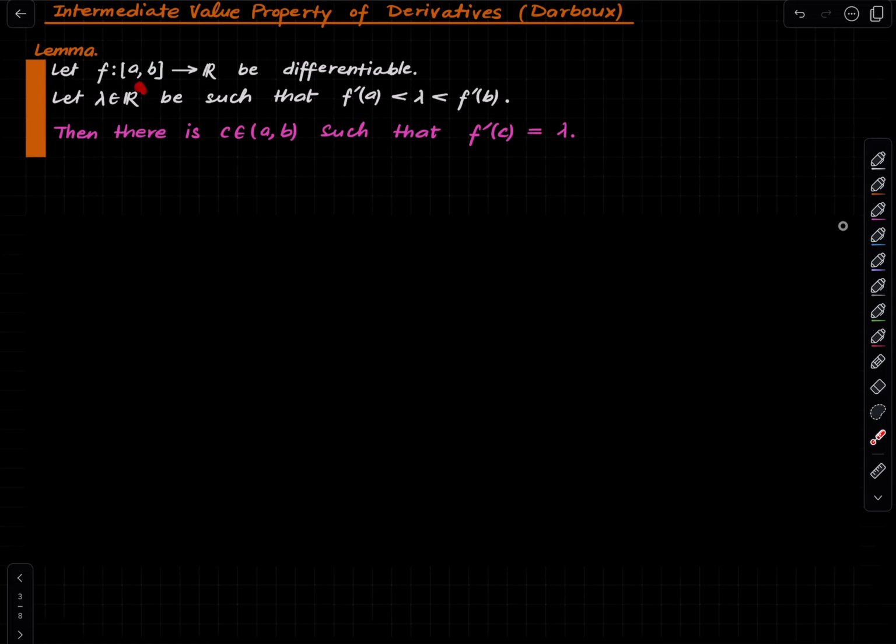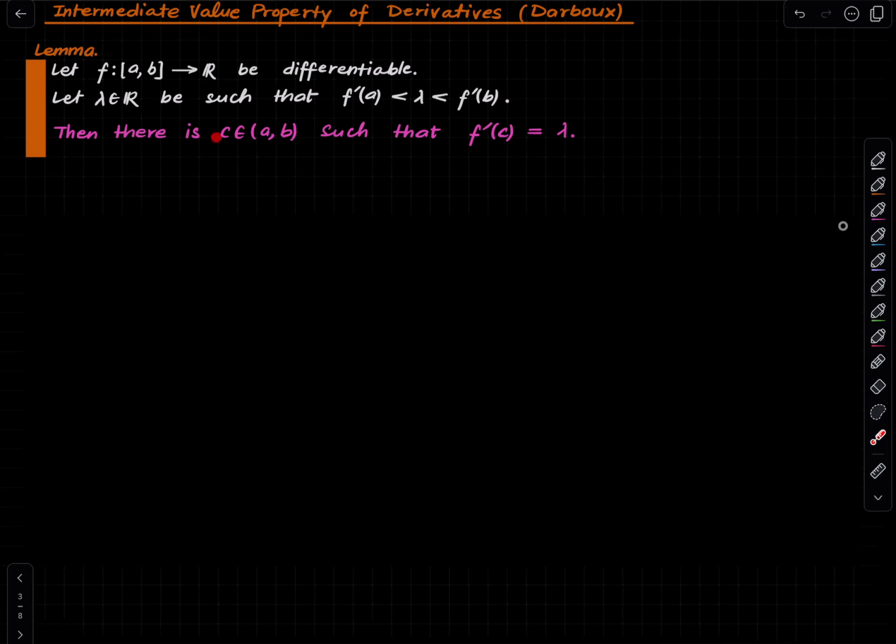And now suppose lambda is a real number which is sandwiched between these two derivatives. So when we write f'(a), we of course mean the right derivative at a, and f'(b) refers to the left derivative at b. So lambda is a real number sandwiched between those two.